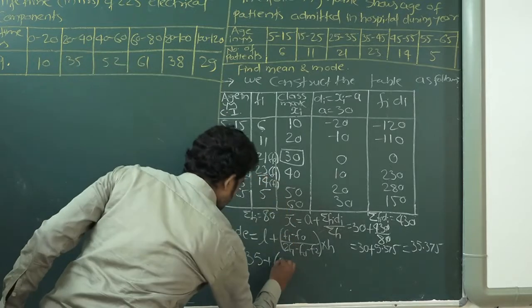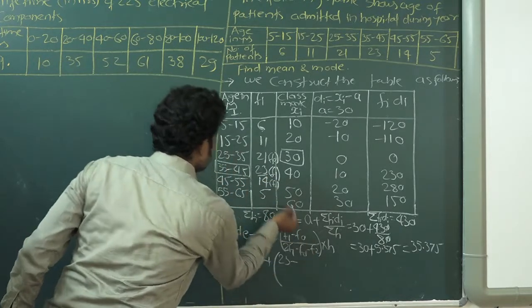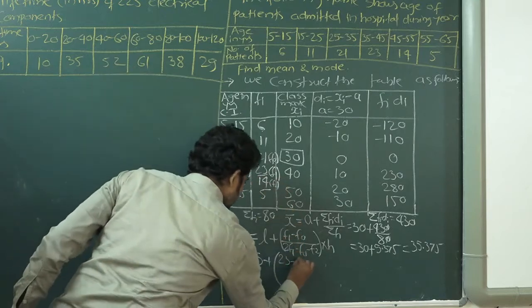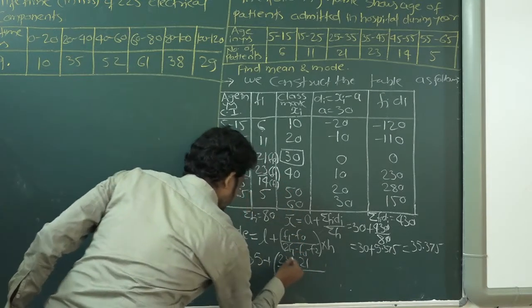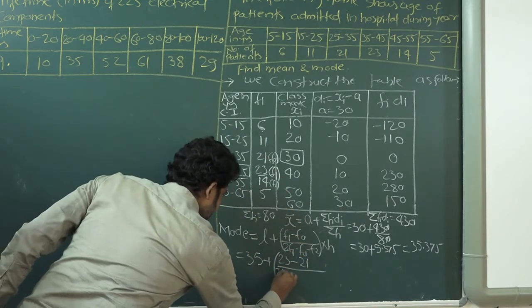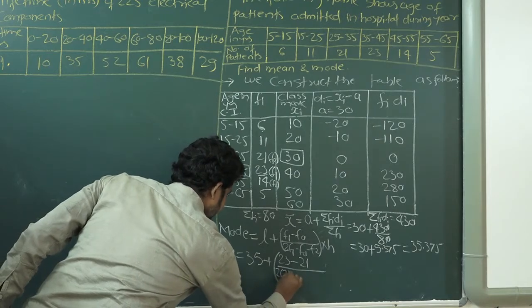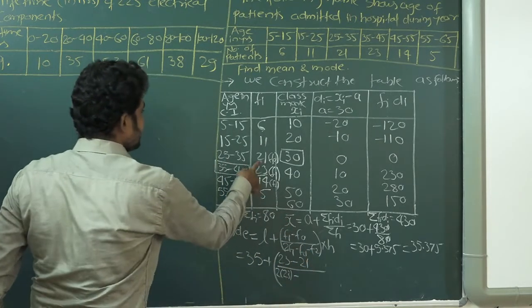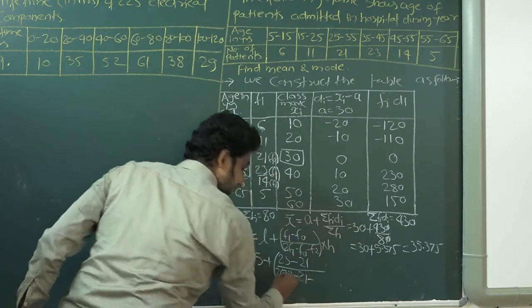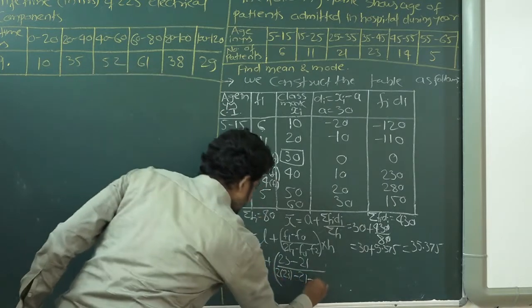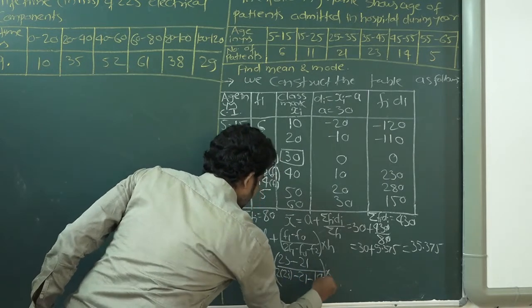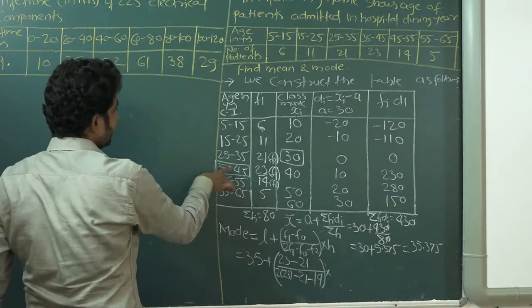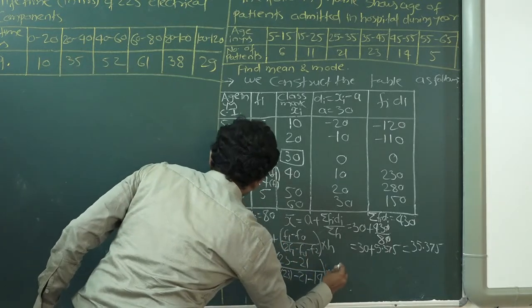What is F1? 23. What is F0? Frequency of the previous class, 21. Upon 2 into F1, that is 2 into 23, minus F0, which is 21, minus F2. F2 is 14. Into H, the class width, which is 10.